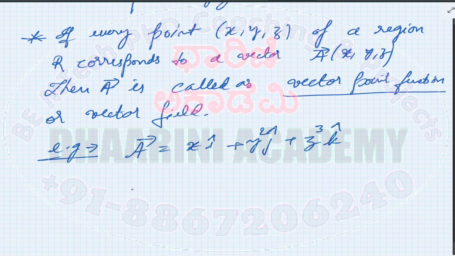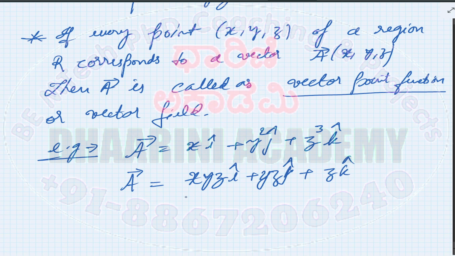Let me give another example. So this vector A is also equal to, maybe this is x into y into z into i cap plus yz into j cap plus z into k cap. You can see that this is a function now, x into y into z, right? For any given point in space x, y, z, this x into y into z will be a function.